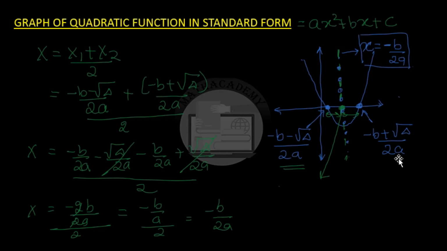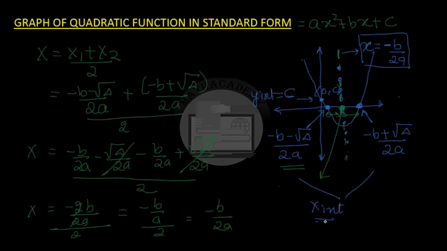These are the x-intercepts, and the y-intercept, as we have just figured out, will be c. So the coordinate of this point will be (0, c). Okay, so this is our y-intercept, which is equal to 6. This is our axis of symmetry, and these two are the x-intercepts.